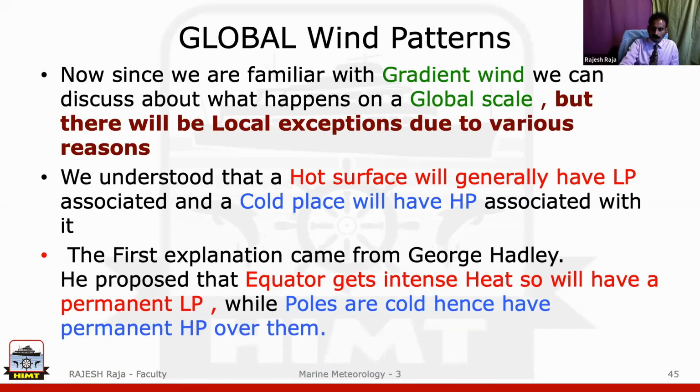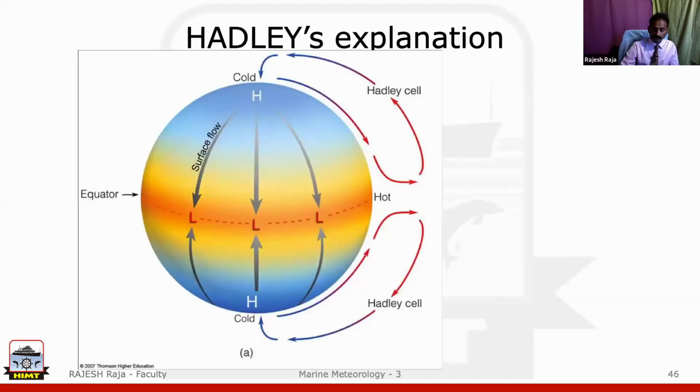Now, the first explanation of the global wind pattern came from a person called George Hadley. He proposed that the equator, since it always gets a belt of intense heat, is going to have a permanent low pressure over it. And then he said that the poles are always colder, so they will have a permanent high pressure. So he deduced an explanation.